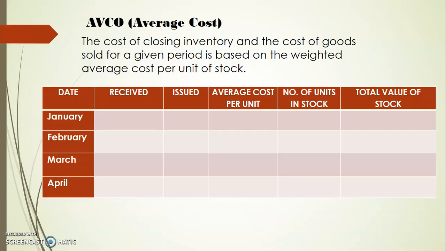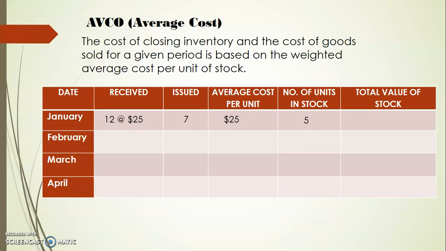valuation. The cost of closing inventory and the cost of goods sold for a given period is based on the weighted average cost per unit of stock. This cost per unit of stock is used to determine the total value of stock, given the Avco method of stock valuation.